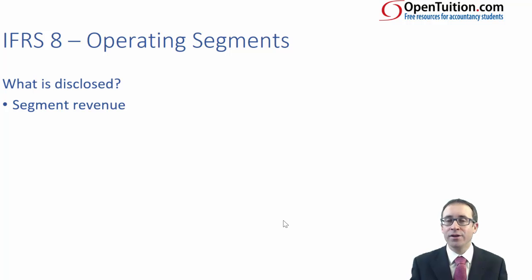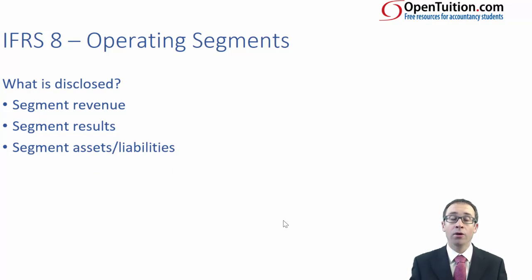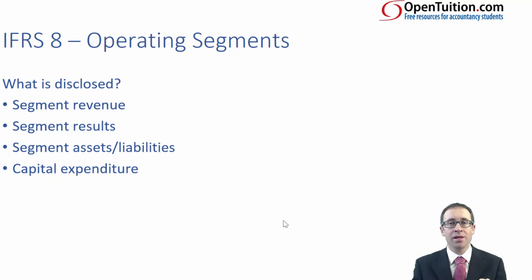Okay, we have to disclose the revenue by segment. We also have to disclose the results by segment. So by that, we're referring to your profitability. We're also talking about the assets and the liabilities needing to be disclosed separately. Any capital expenditure that has been incurred on the segment needs to be disclosed so that we can see in which particular segment the largest amount of investment is being made, to give us an indicator of what's going to happen in the future.